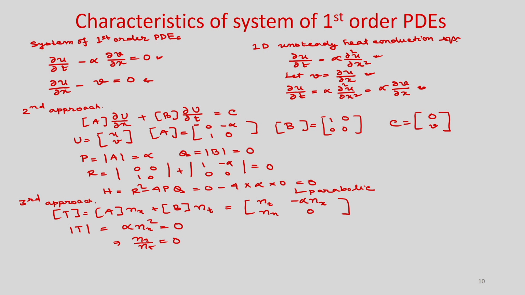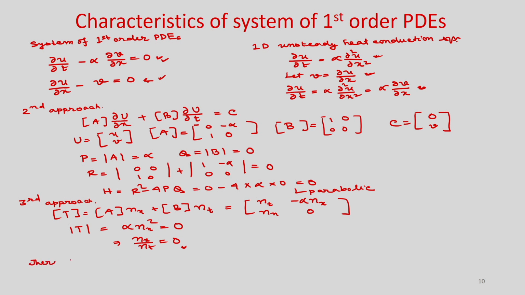So, it is real, and you have two equations but only one characteristic, that means fewer than n, where n is the number of PDEs. Here n is equal to 2 because you have two PDEs, but you are getting one characteristic, nₓ/nₜ = 0.